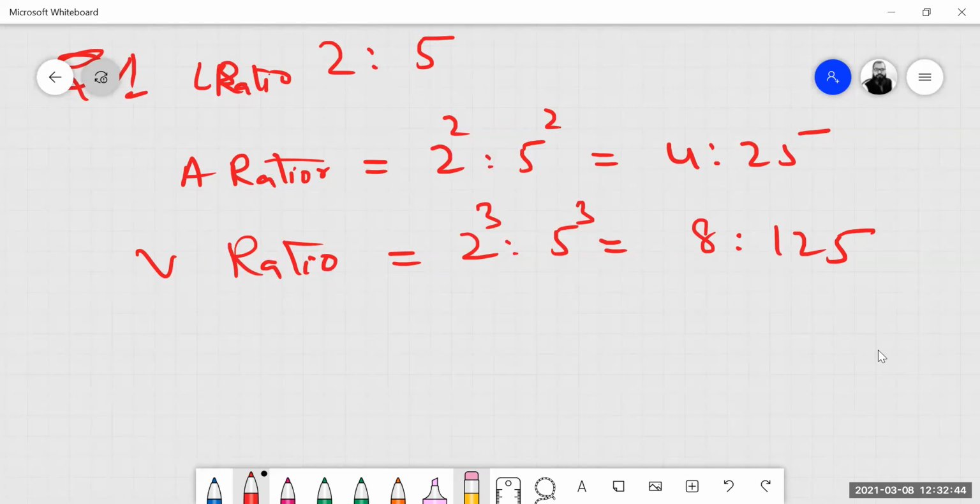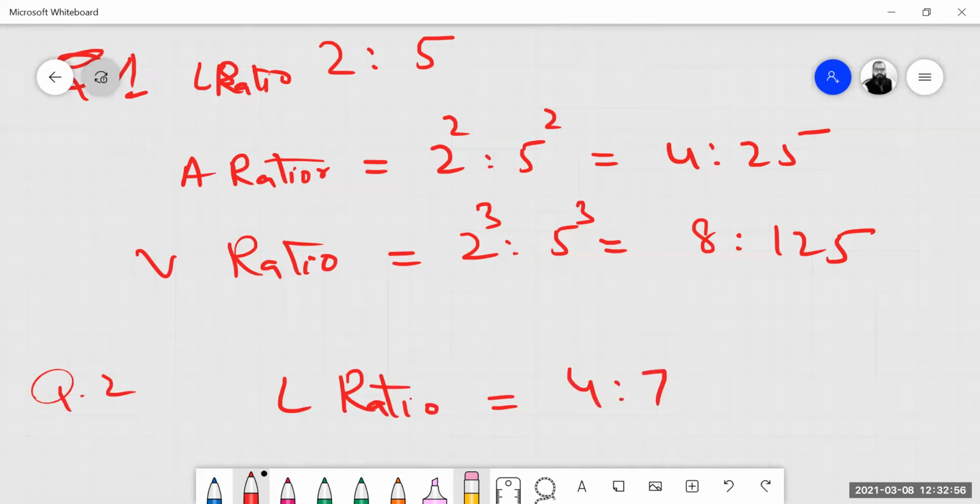Question number 2. The length ratio between the two similar solids is 4:7. So what will be the area ratio?